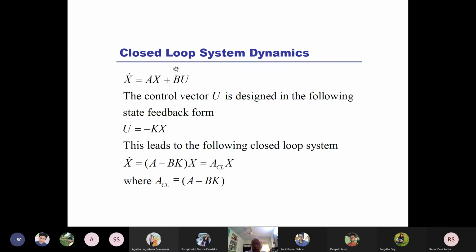So let's see the closed loop system dynamics. We know x dot is equal to Ax plus Bu. The control input here, u, should be a small u because it's a single input, single output system.